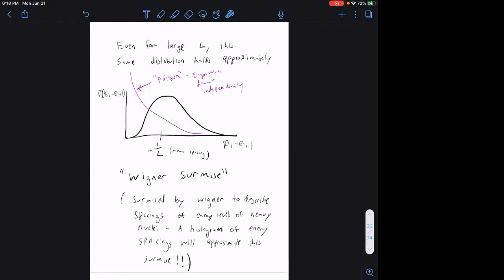He surmised this function, guessed it, and then I'm not sure if it was him and Dyson who found that that same shape that he had guessed to describe the statistics of the nuclei energy level spacings is also appearing in this random matrix theory context. So this is how it was discovered historically. This is basically the first connection people had seen between these random matrix level statistics and statistics for an actual chaotic system.